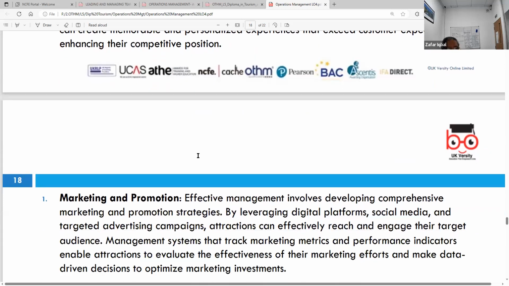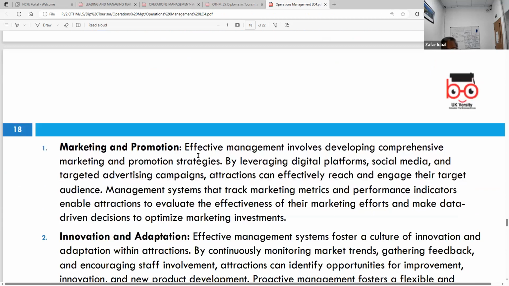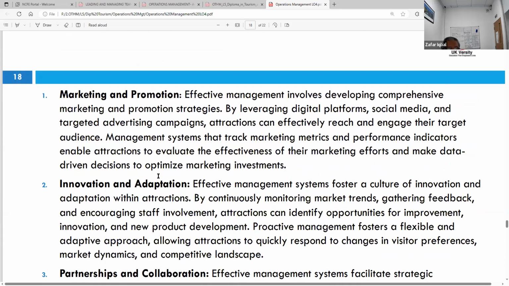Marketing, how are you going to market this? How are you going to promote this place? How are you going to advertise, for example, or what type of media, what type of promotion, what type of marketing system, or returns on the marketing investment, what type of tools you're going to use, performance, what type of promotion you're going to do, or what market segments you're going to attract.